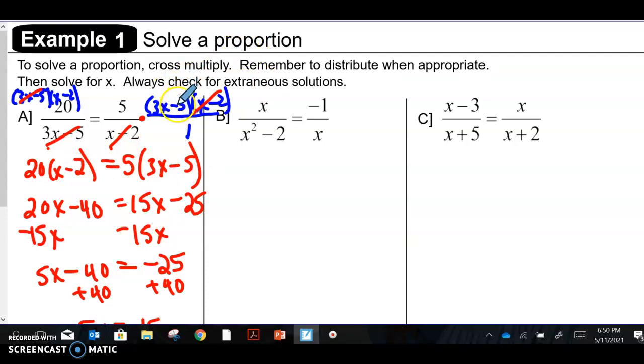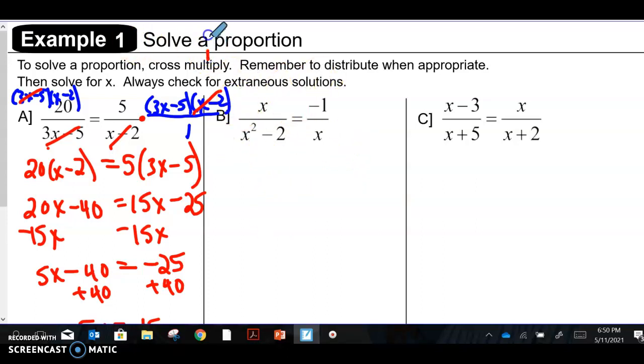The reason I'm showing you that second process is because that's what we're going to use for the times that we don't have just a fraction equal to a fraction. You're multiplying by the least common denominator, and then we cancel whatever we cancel, and we end up getting the cross products.